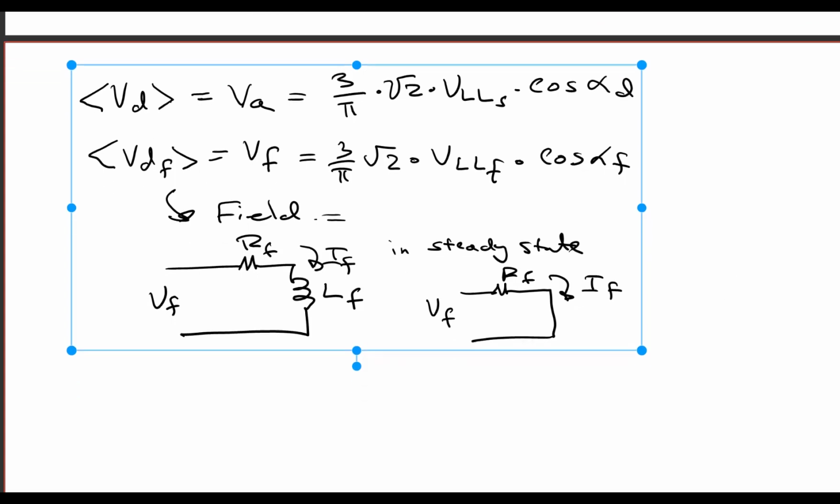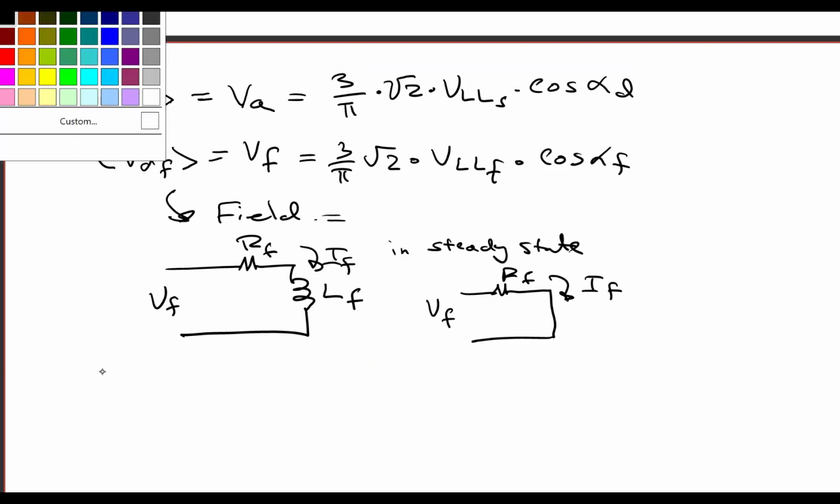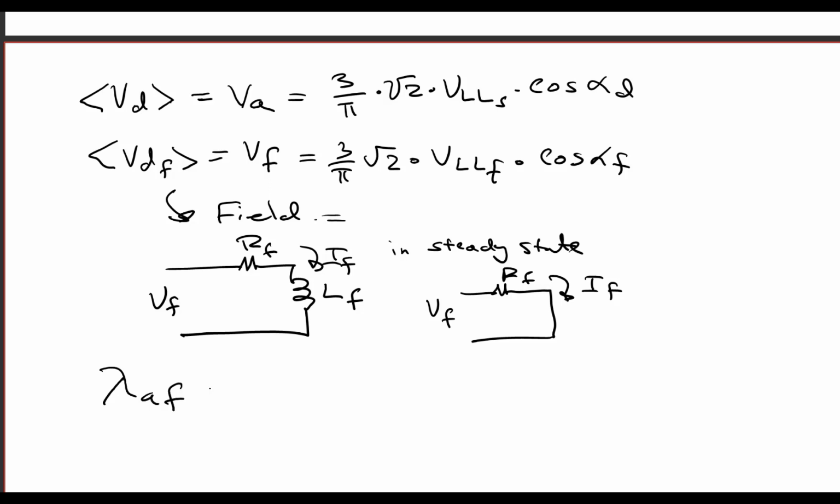What we have is lambda AF, right? So lambda AF is essentially the mutual inductance between the armature and the field winding, times I sub F. We really don't care about what this is.